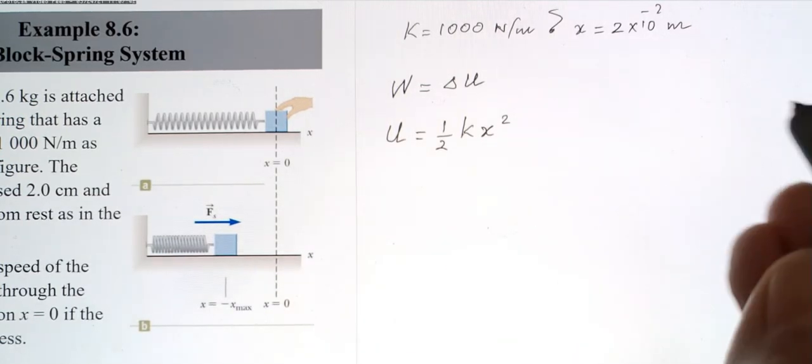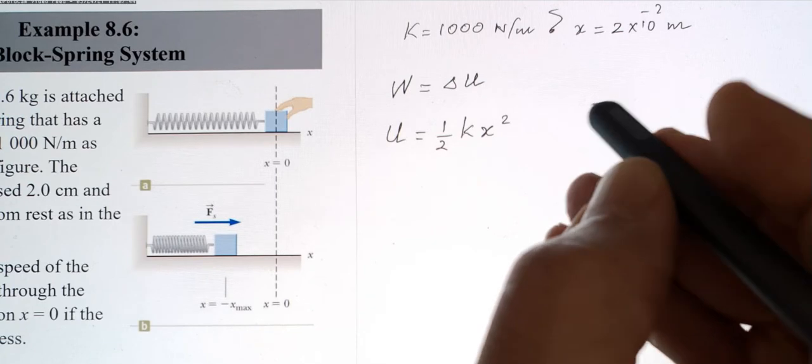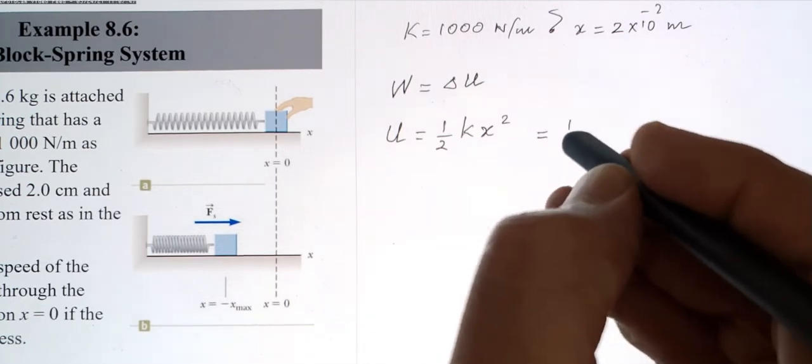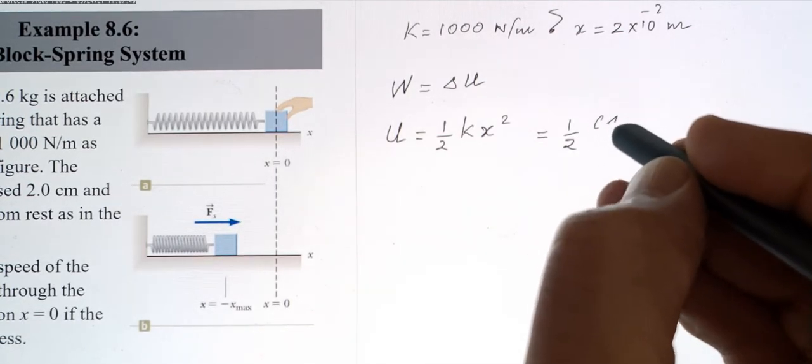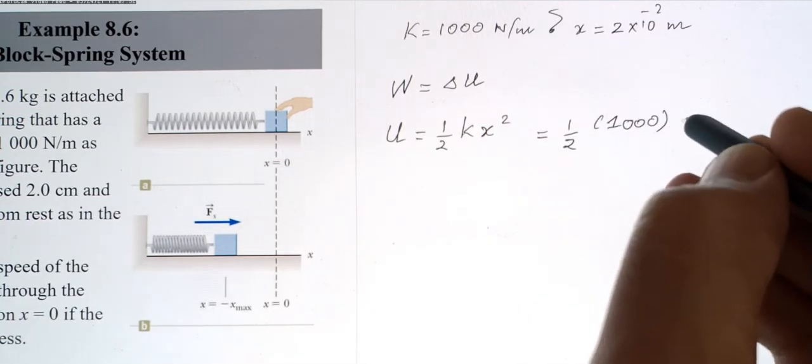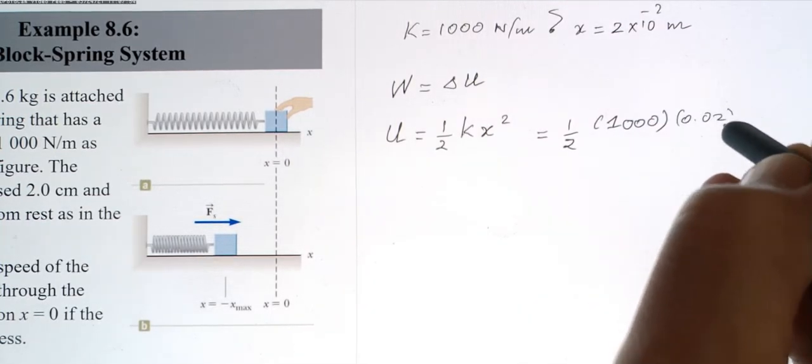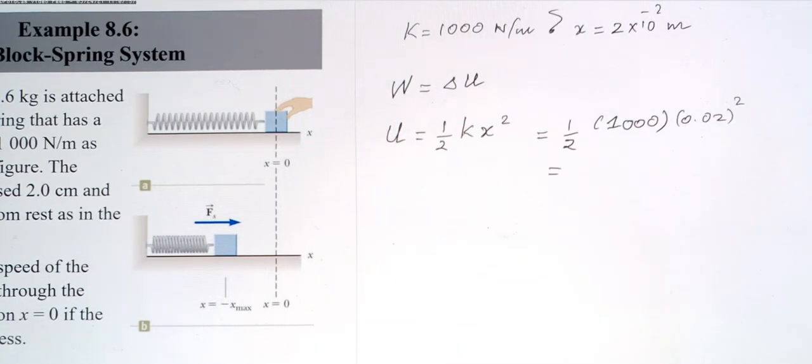So what's the total energy of the spring? Half 1,000 and then 0.02 square. So what's this value? The sign of energy, when they say it's a minus sign, that means it's a lost energy.